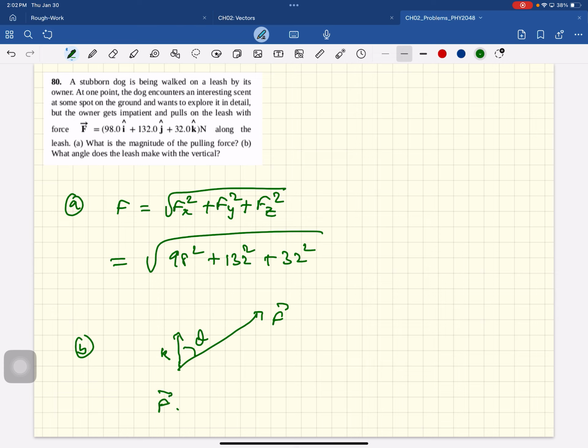Now F dot k hat is the magnitude of F times, what is the magnitude of k?